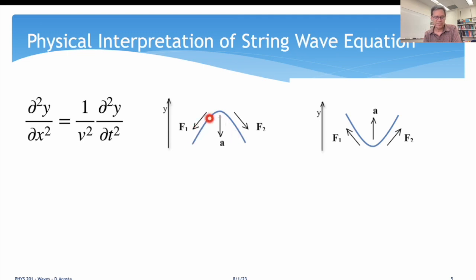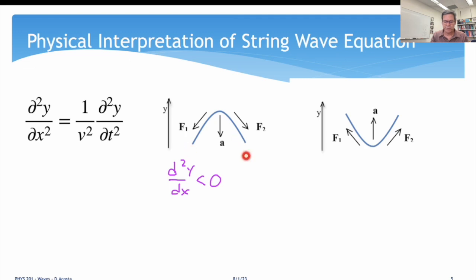It was positive, 0, and became negative. So the second derivative is negative here in that case. d squared y dx squared is less than 0. It's negative. But that tells us that the right side has to be negative, which means the acceleration has to be negative. That's telling me acceleration is in the negative y direction, which would be down in this diagram.